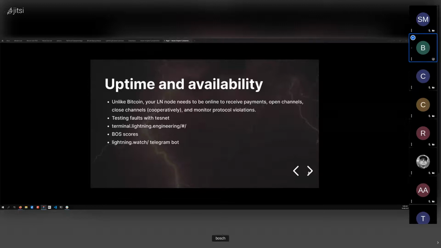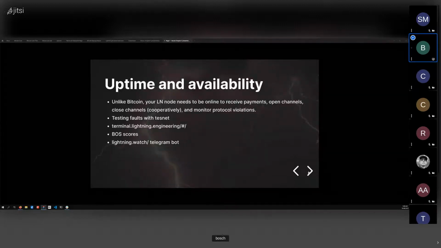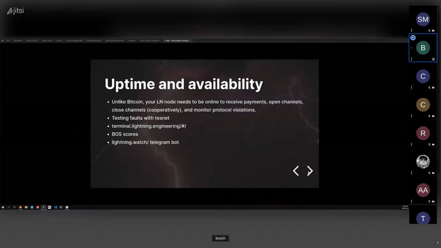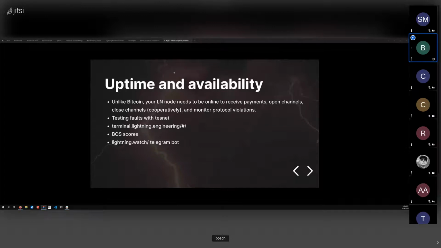You might set up a testnet node, do a static channel backup, fail that node on purpose, and then try to recover from that static channel backup and go through the process. This is probably something you'd want to do if you want to run a large capacity Lightning Network node, like for routing, if you want to attempt to make fees doing that.